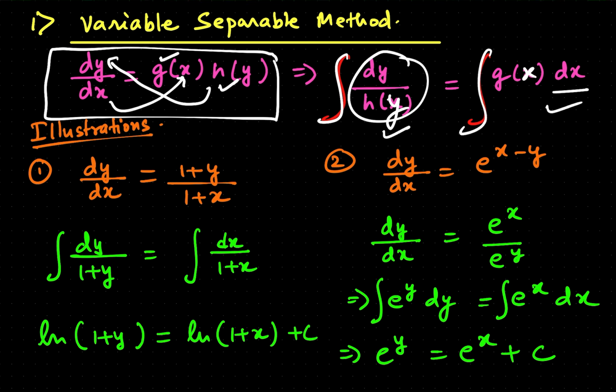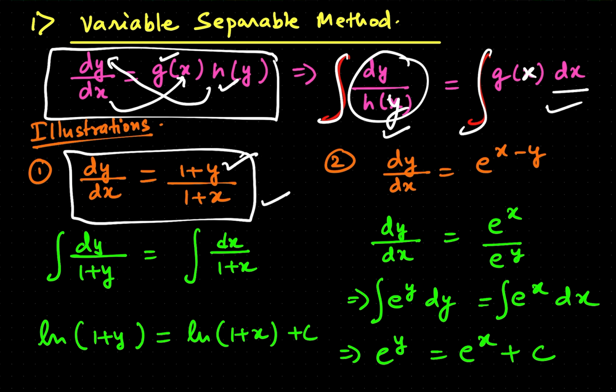For example, you can see two illustrations for this. For example, dy by dx is equal to (1 plus y) divided by (1 plus x). In this case we will bring this part, which is a function of y, to the side of dy. And for the function of x we bring dx to this side, by cross multiplication, and we get this.